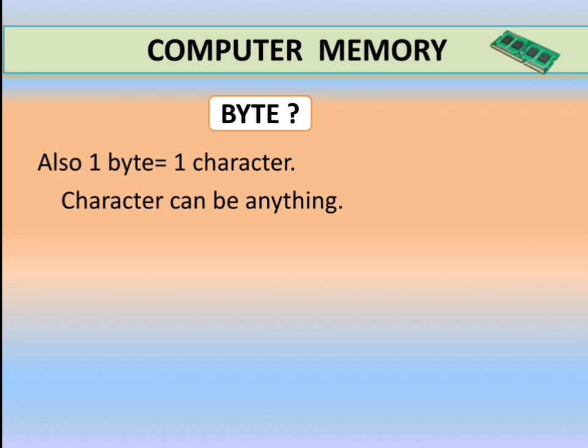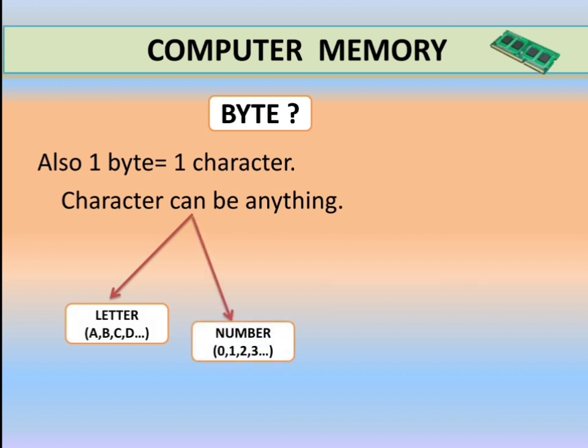Also, students, 1 byte is equal to 1 character. What does it mean? Whenever you write any character on the computer, to store that one character a computer needs 1 byte. If you write 2 characters, the computer needs 2 bytes. Now what is a character? A character can be anything: a letter, like A, B, C, D, or any number, or any symbol.